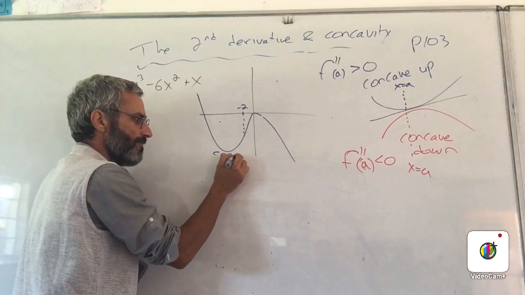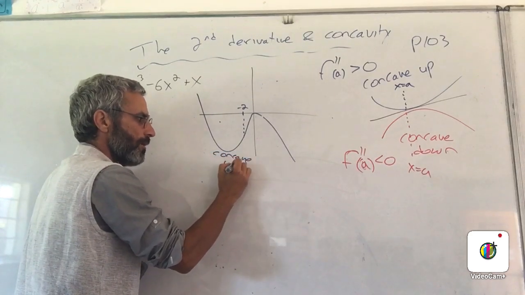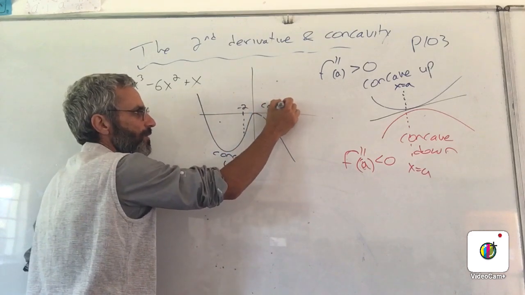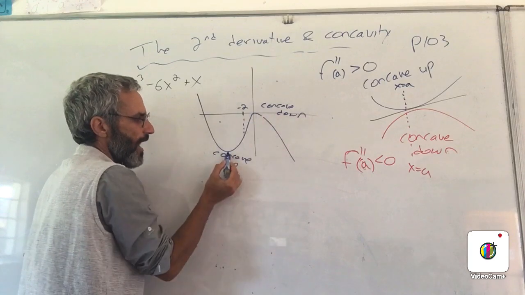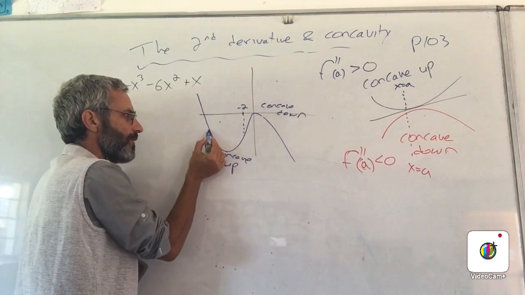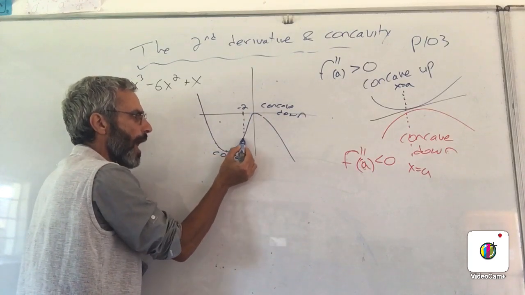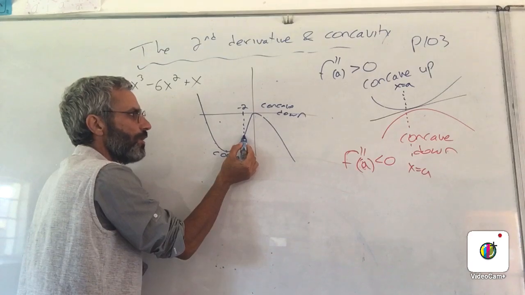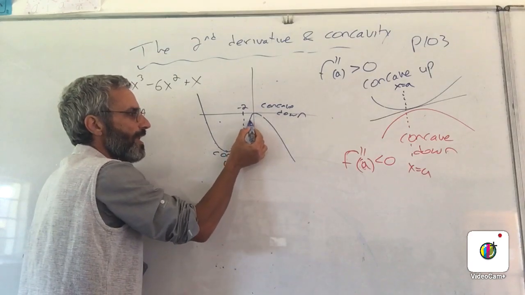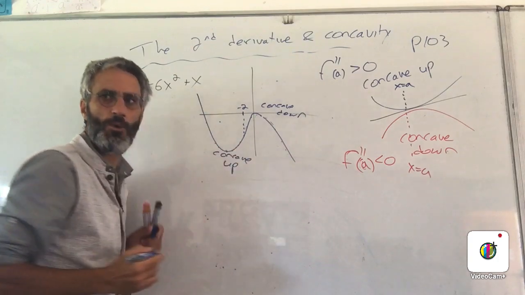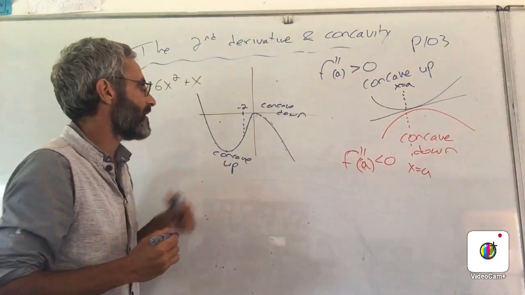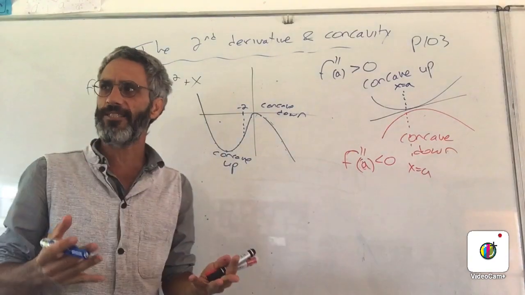That's concave up. And that means this is concave down. Just to stress, guys, the concave up is not just here. It's here, it's here, everywhere up to x equal -2. The concave down is everywhere here. And the point of inflection, as you already recognized from the picture, is x equal -2. That's where the concavity changes.